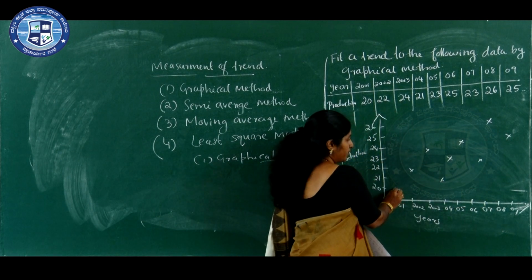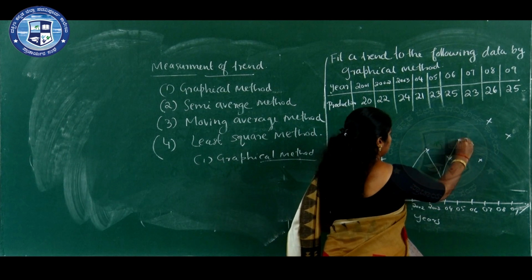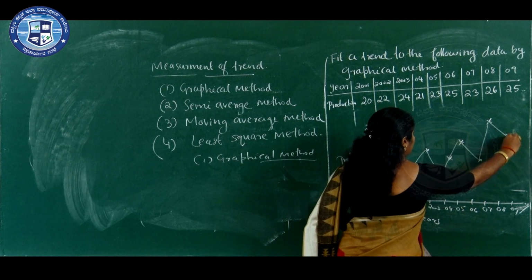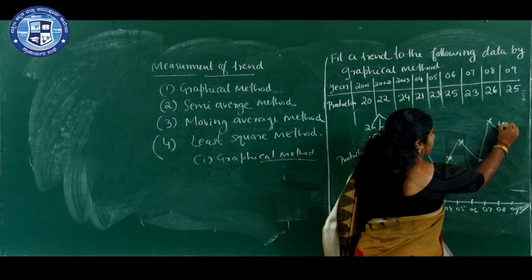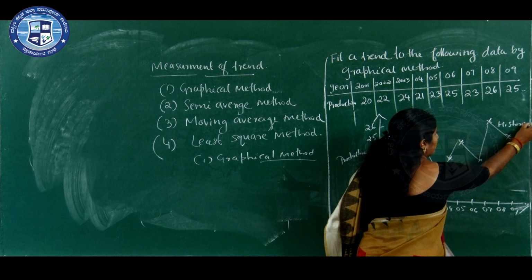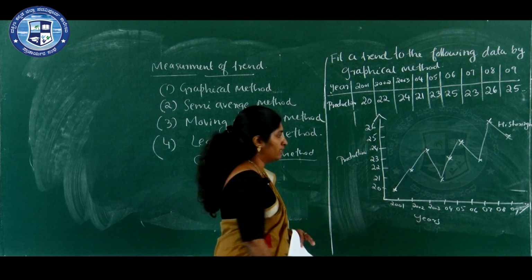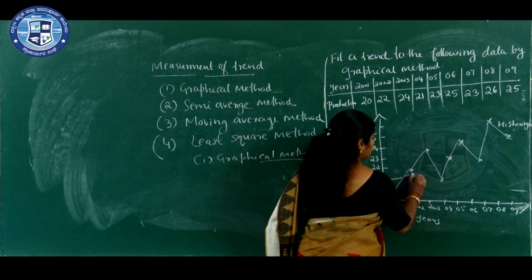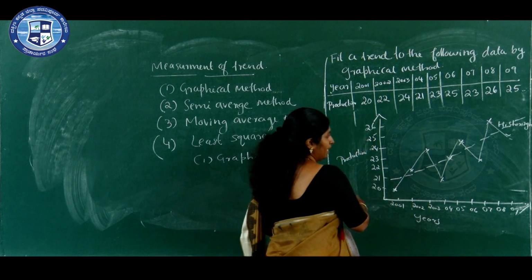Now, join the points like this. That is the histogram. Now I have to mark the trend line. So this is the trend line.